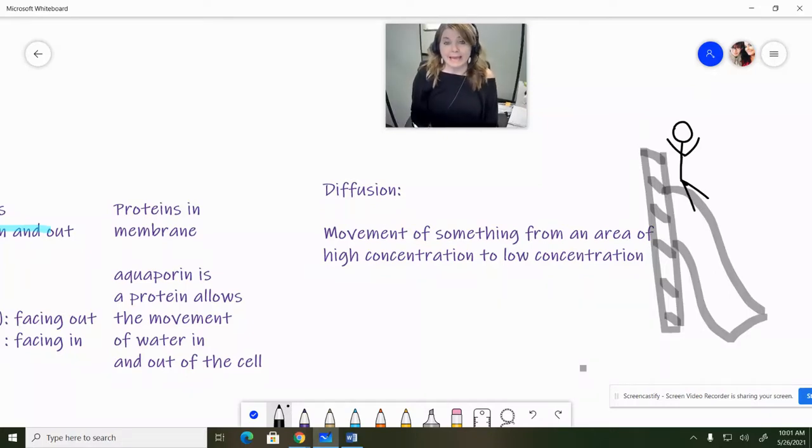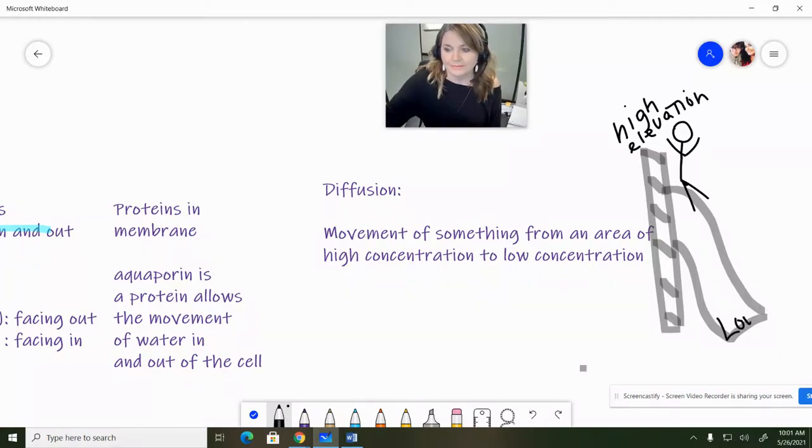At the very top of the slide, you have high elevation, right? So this is high elevation. And this is low elevation. Now, you will always slide from an area of high elevation to an area of low elevation.